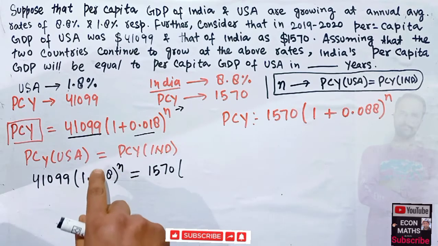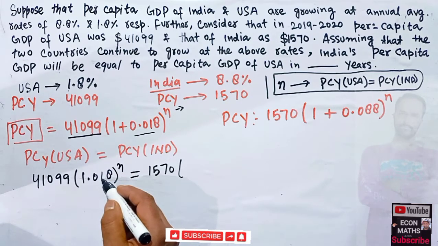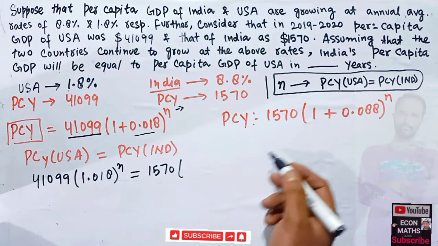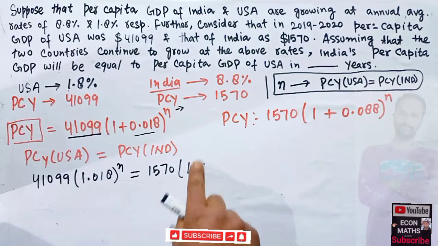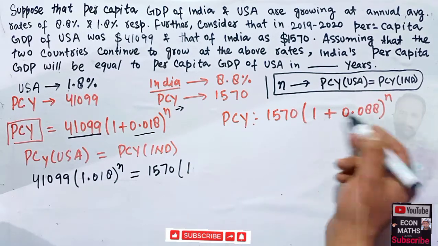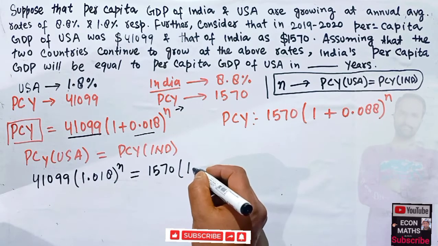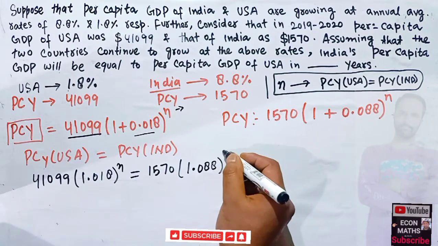Sorry, I made a mistake here. This is 1.018. Let me add up this one and this decimal portion. This comes out to be 1.088 raised to the power n here.